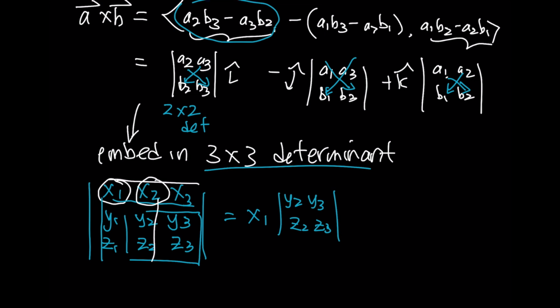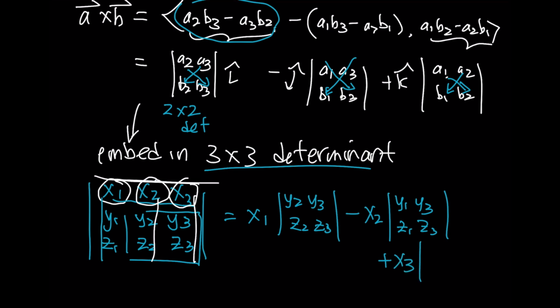I'm going to put a subtraction, and then I'll have y1, y3, z1, z3. And then I'm going to go to the last entry, block out its column, block out its row. I'll have x3, and then the remaining sub-matrix here. y1, y2, z1, z2.